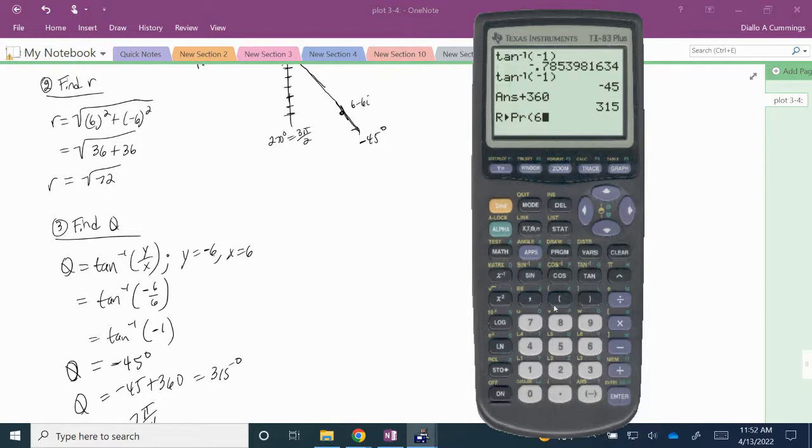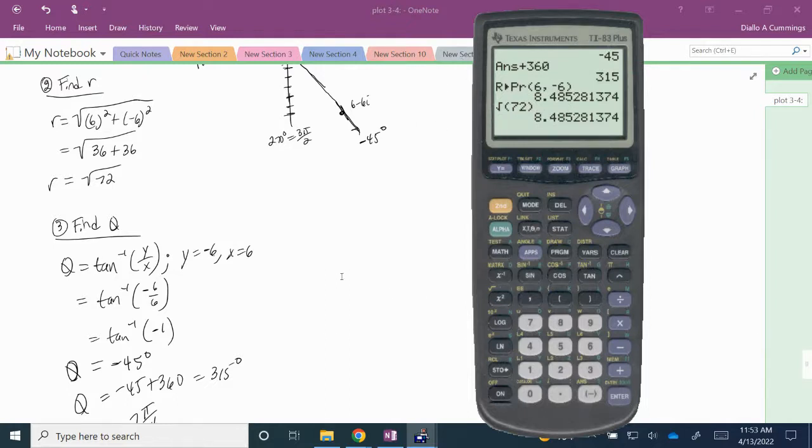I'm going to put in 6 comma -6. Notice it gives me an approximation. It's not going to give me the square root, which is what I need, but I'm going to use it to check my hand solution. If I put in the square root of 72, notice I get the same value.